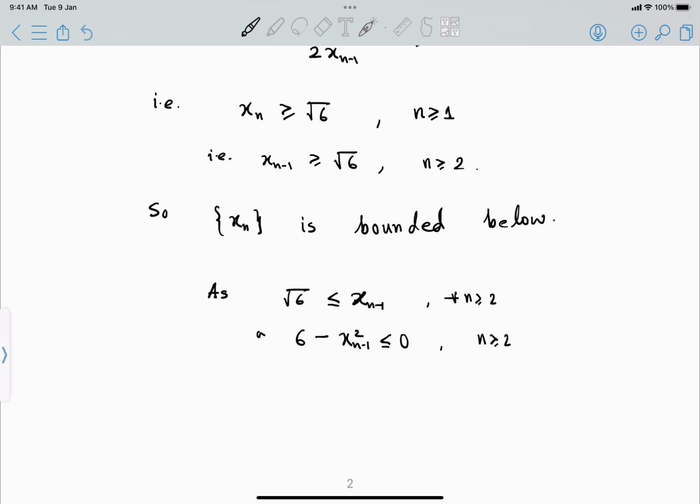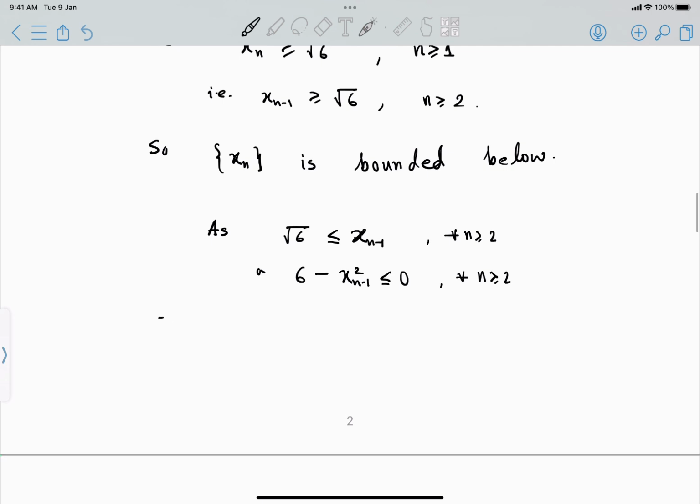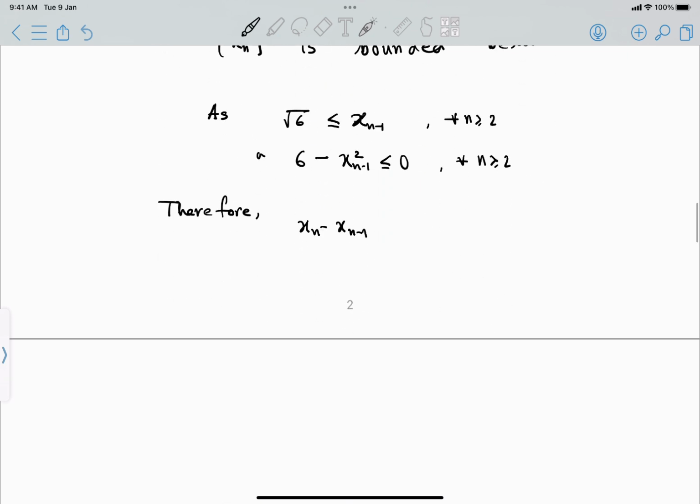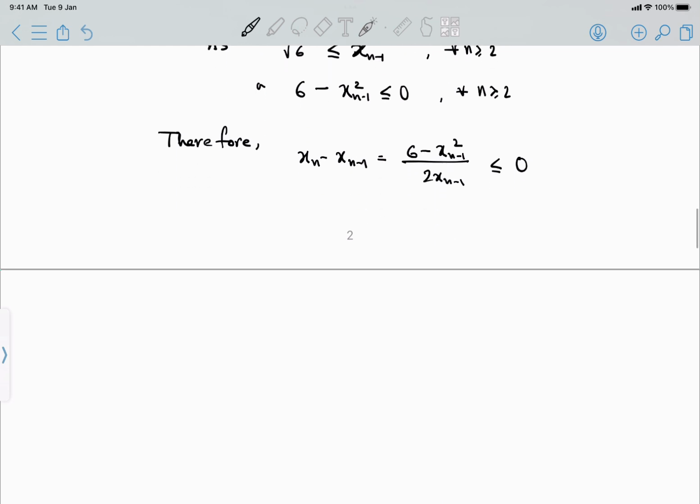So x_n minus x_{n-1}, which is (6 minus x_{n-1} squared) over 2x_{n-1}, is less than or equal to 0, because the numerator is less than or equal to 0 and the denominator is positive. This implies x_n is less than or equal to x_{n-1}, which means x_n is monotonically decreasing.